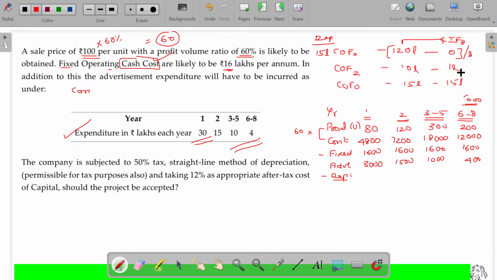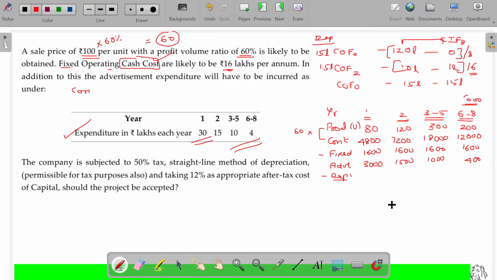For the second machine, 10 minus 1, 9 lakhs divided by 6, 1.5 lakhs. Be careful, for the second asset, the depreciation will be calculated only for 6 years because it was introduced at the end of second year. So third year, fourth, fifth, sixth, seventh, eighth. Only for these years you have to calculate the depreciation. Working capital has no depreciation.